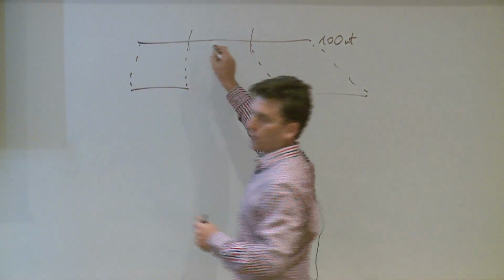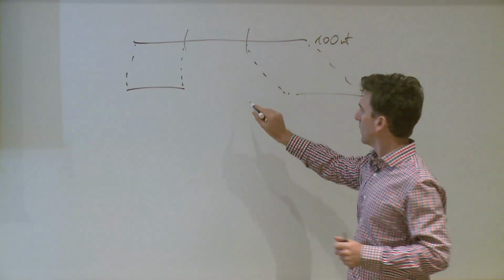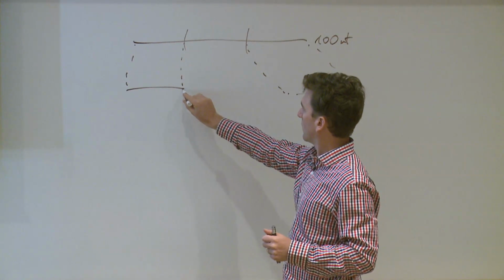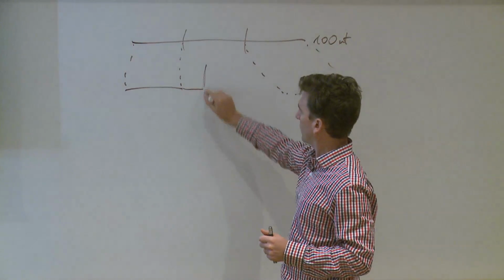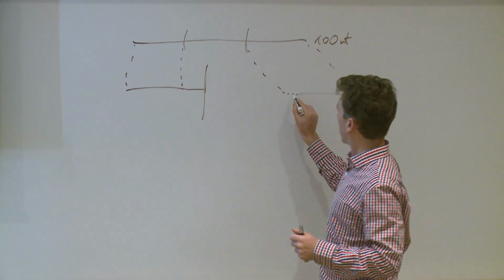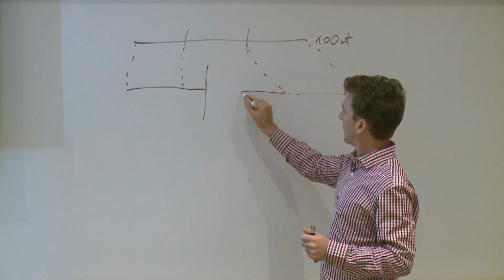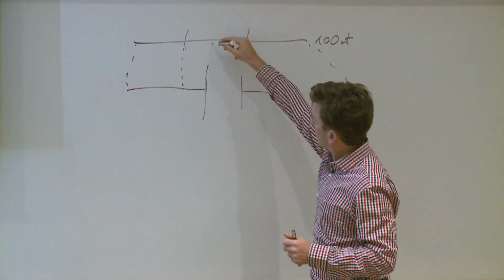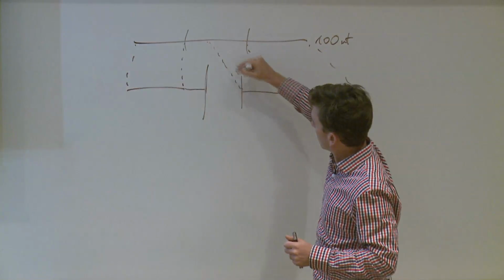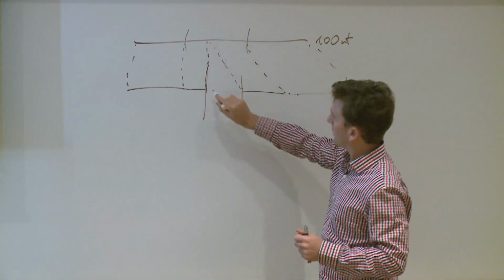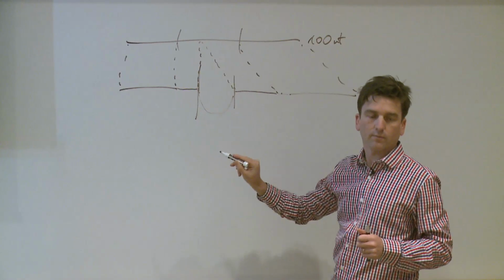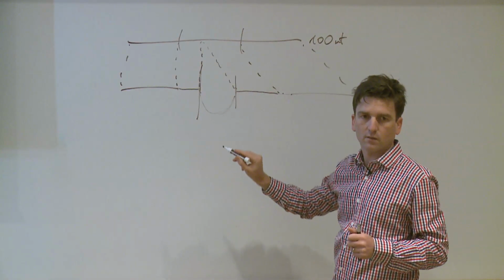But this piece here won't map directly to the genome. You would try to extend this one up to here, and extend that one up to here, and here you have a splice junction. Does that make sense?